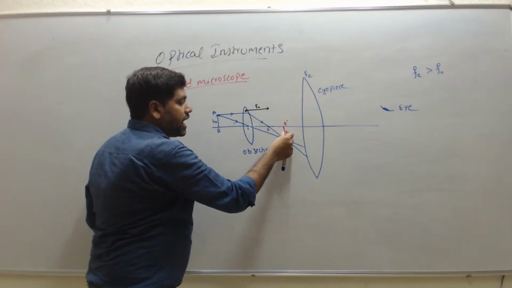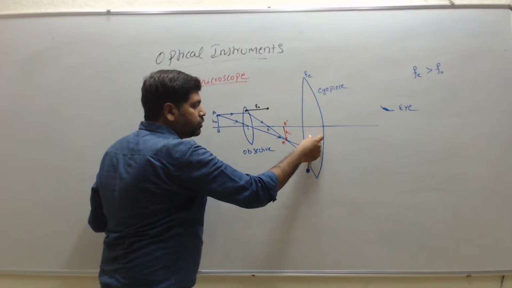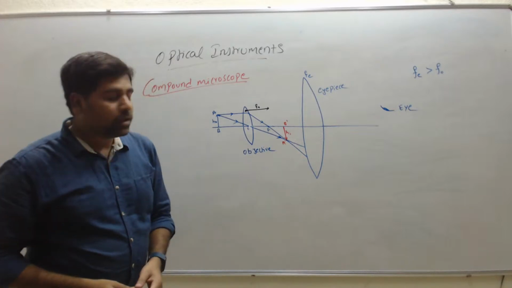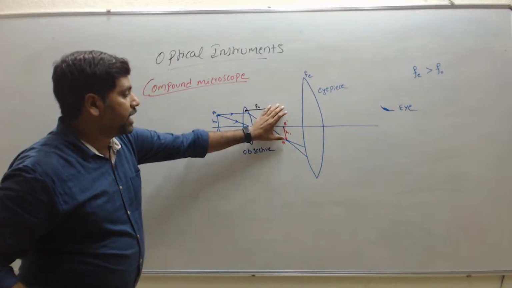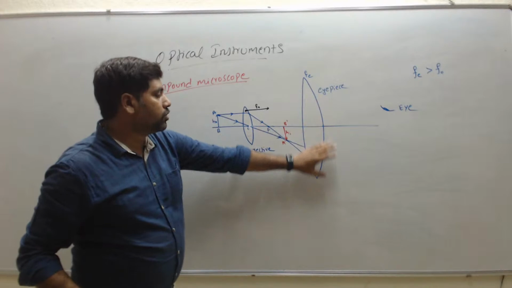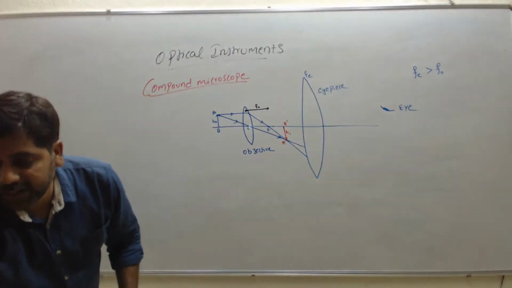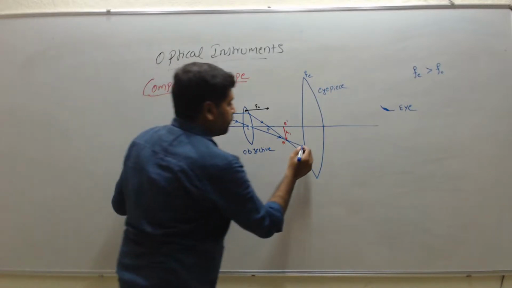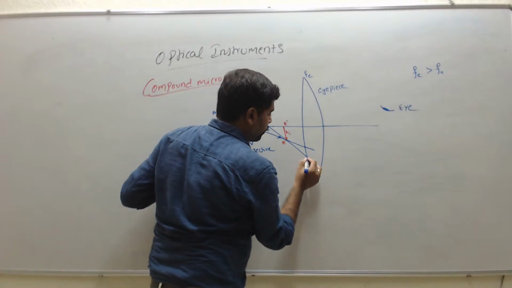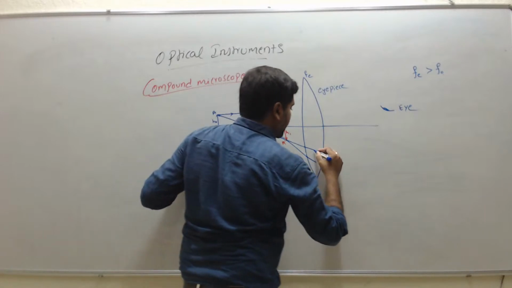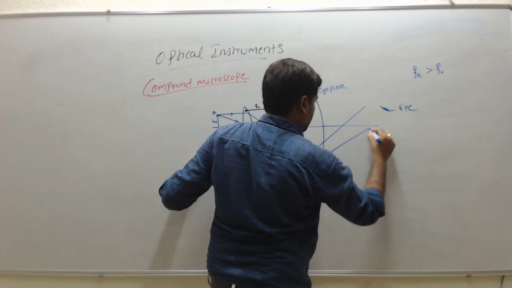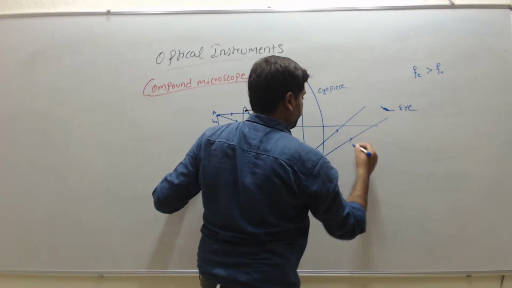The rays coming from A dash B dash fall onto the eyepiece and get refracted like this.